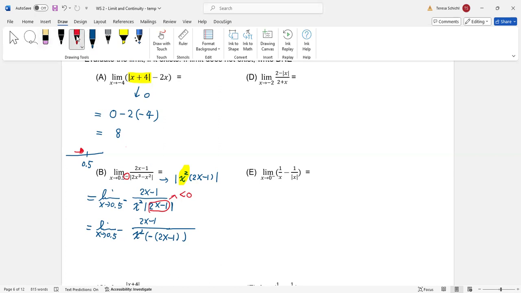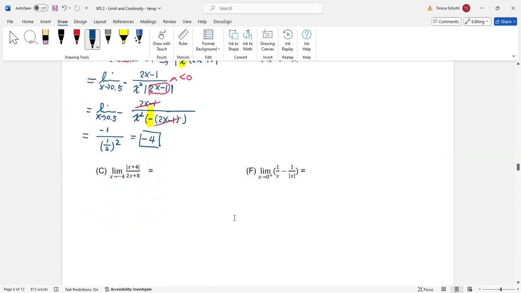After you break it, you can cancel, but don't forget you still have this negative sign. Now when x approaches 1/2, what is your answer? I put a negative sign here, and this is 1/2 squared, so the limit approaches negative 4.